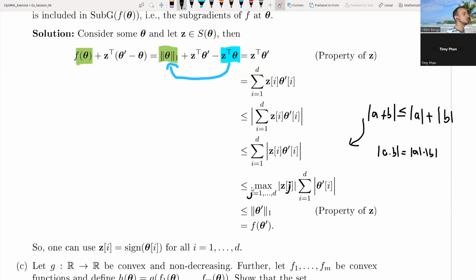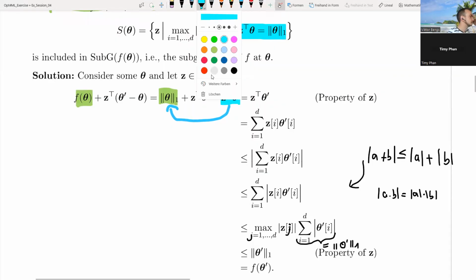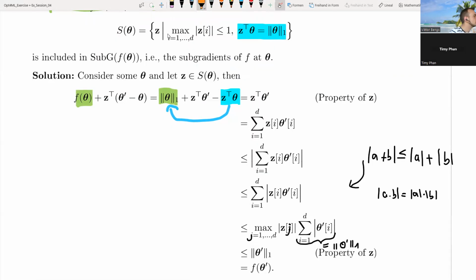In turn, we can pull that value out of the sum. And what remains there is simply the L1 norm of theta prime, and what we know is that because z is inside S theta, this thing here is smaller than or equal 1.